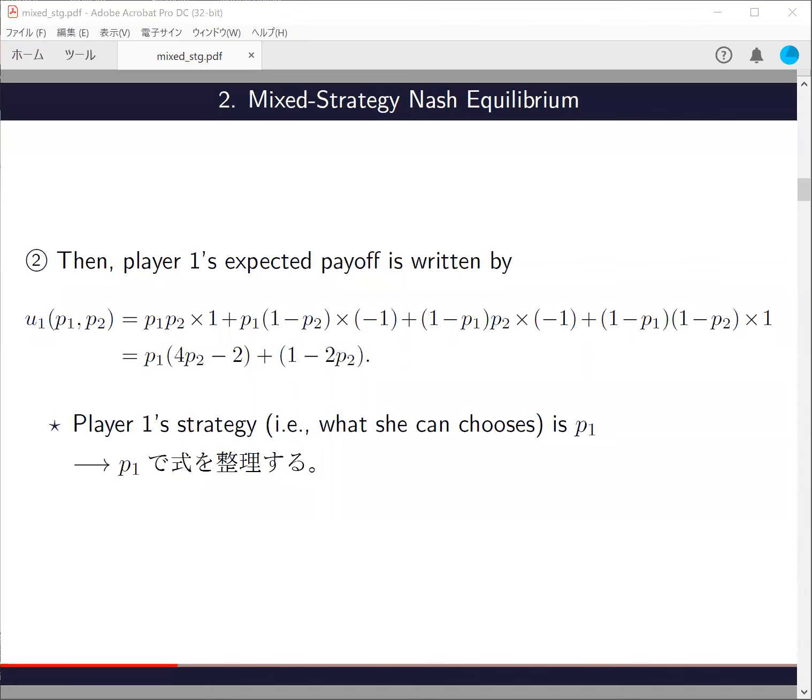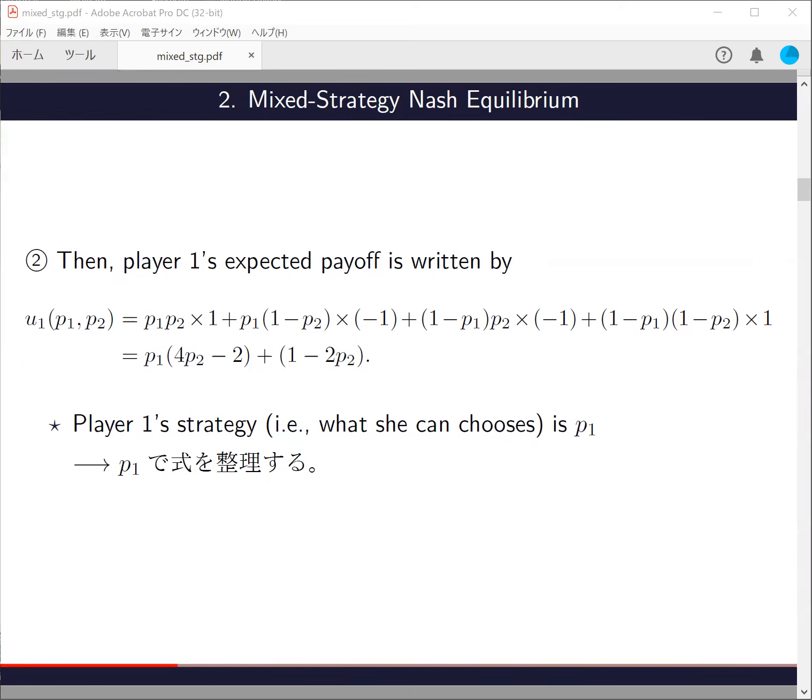Given that the mixed strategy profile of player 1 and 2 can be completely described by P1 and P2, we can now define what the expected utility of each player is. For example, player 1's expected utility is a function of P1 and P2, which is shown on the slide.